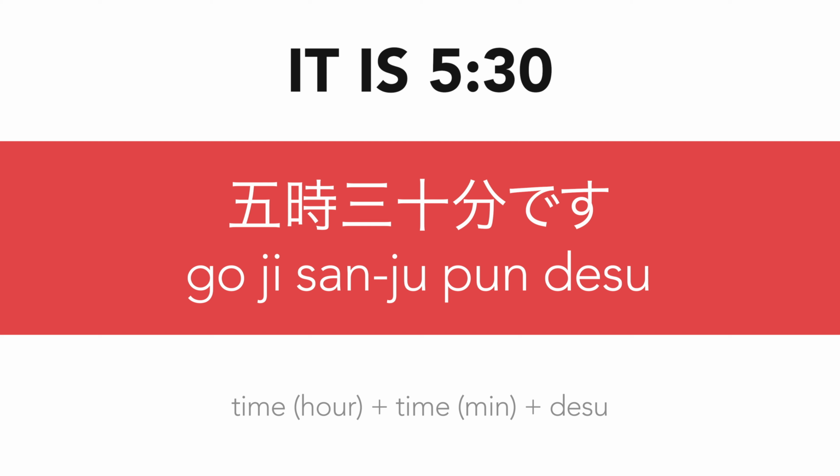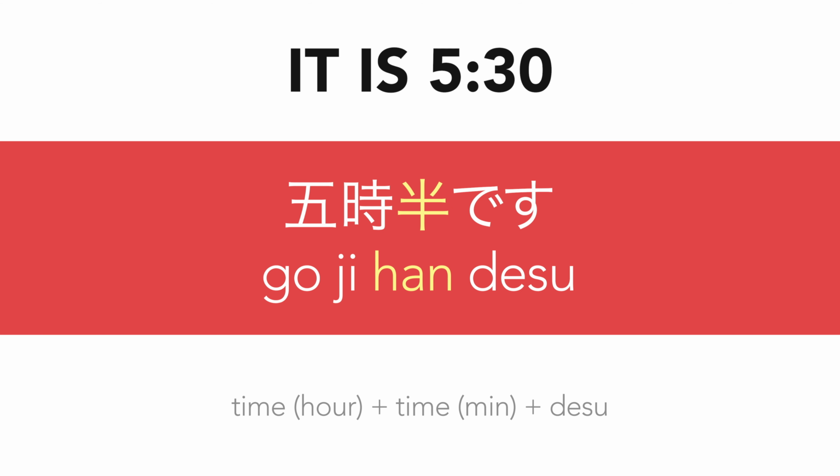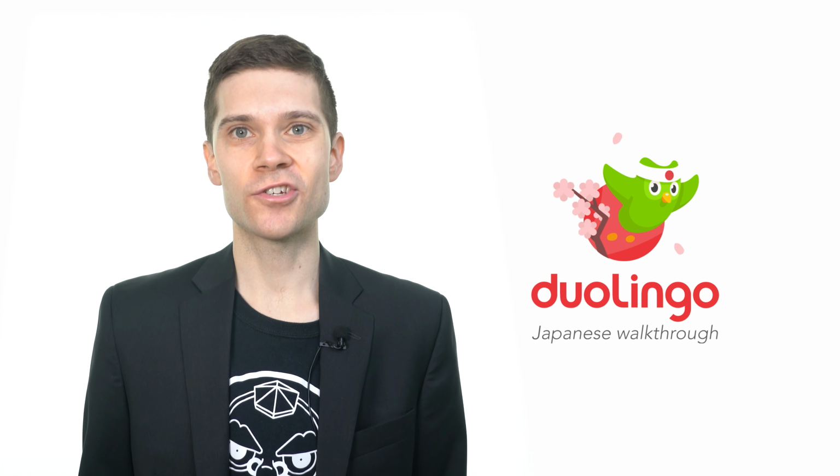It is 5:30. See how 30分 was used to state 5:30? Now as 30 minutes is half of the hour, why not save yourself the trouble and just simply say han instead? 5時半です. Now this phrase states it is half past 5. In other words, 5:30. The exact same meaning as before, just without 30分.